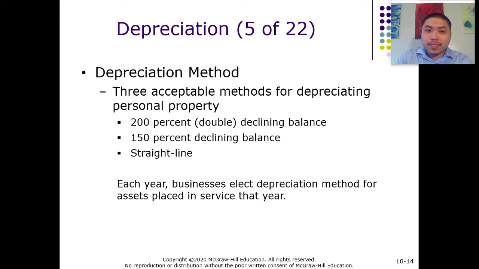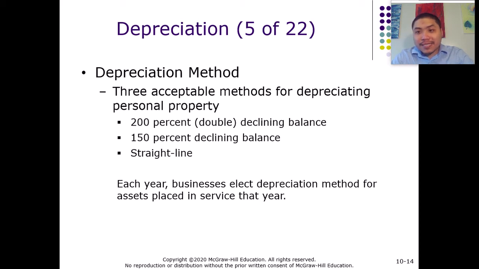So every year, a business can choose a depreciation method that they want to use for the assets that are placed into service during the year, right? So let's say in 2018, this company chooses the double declining method for all the assets that they put into service in 2018, right?